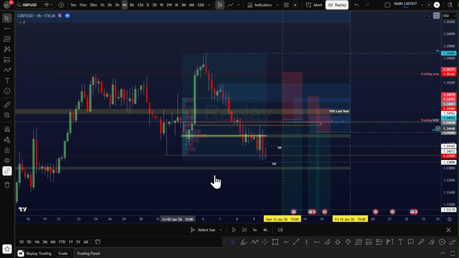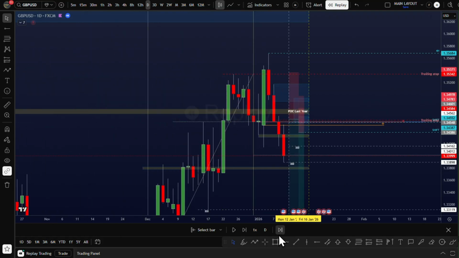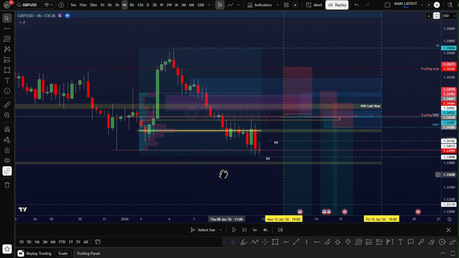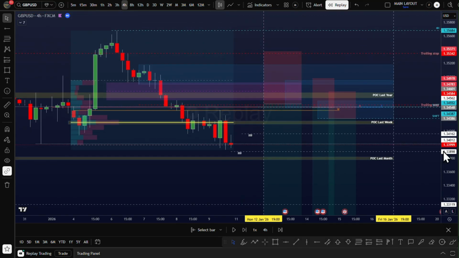I was waiting for price to come around this imbalance zone. You see, that was my plan. I explained it, so the plan was perfectly executed, played very well.